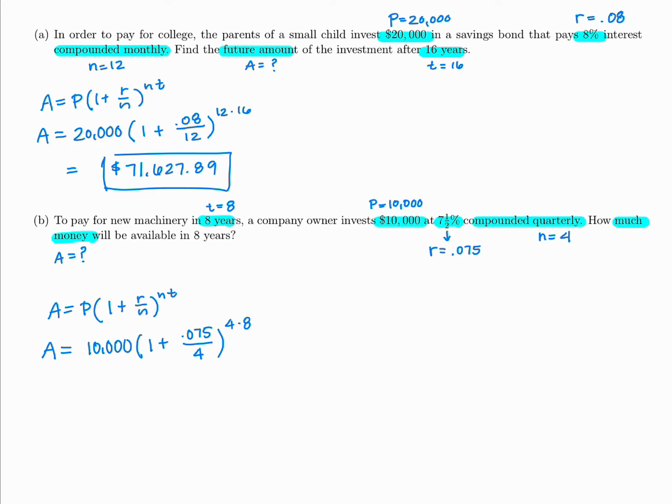And again, if you can put this in your calculator where it looks just like this in your TI-84 using your fractions, that is super helpful. And it'll make your number come out a little bit nicer. Fewer steps also. We get that to end up being $18,120.24.